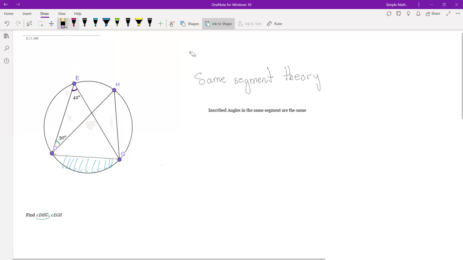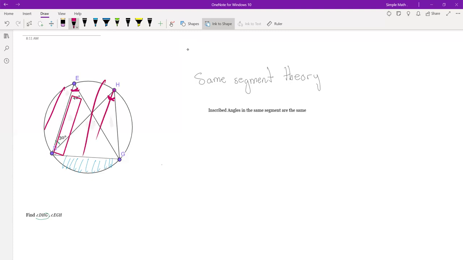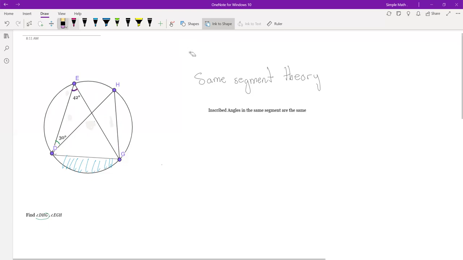You see that these two angles, this angle 42 here and this angle here, they are in the same segment. They are in this big space like this. You can also see that these two angles are subtended by the same arc, which is from D to G. Same arc, you can see.